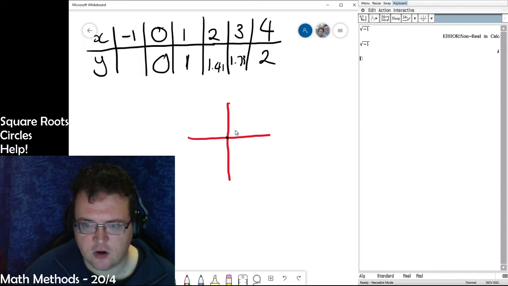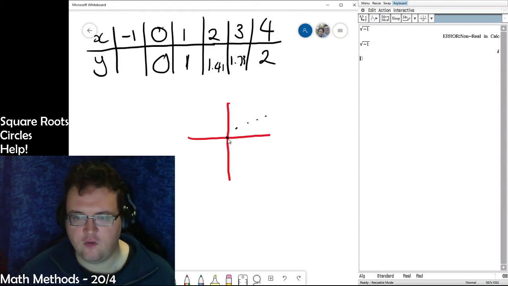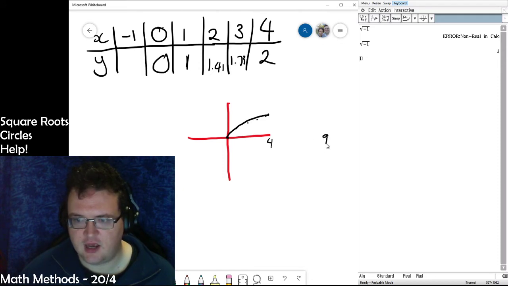So there's 0, 0, 1, 1, 4 is up here at 2, and then the others are like that. And the graph actually starts here and sort of curves. And then it will keep going and going and going. So remember that when you get to the square root of 9, so if this is 4, 9 is out here, it's only going to be about this high.